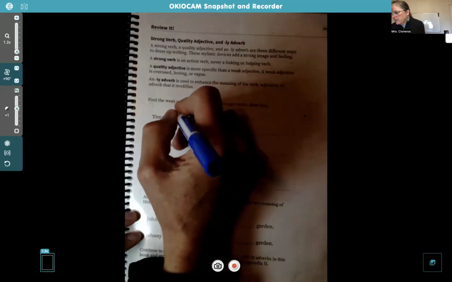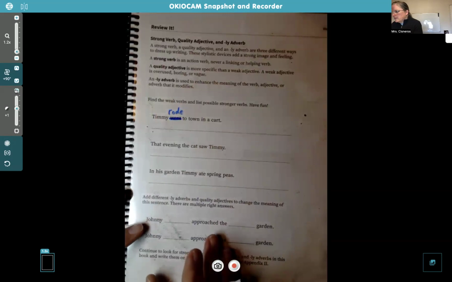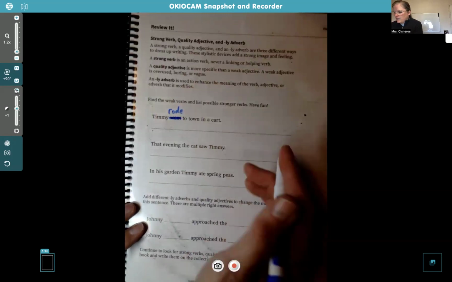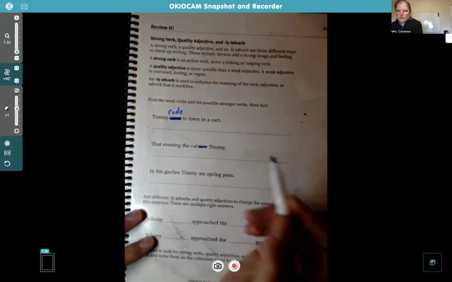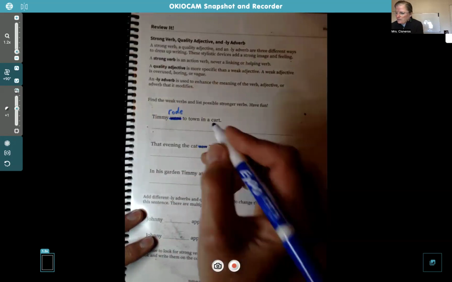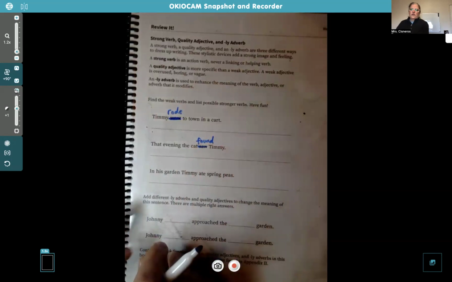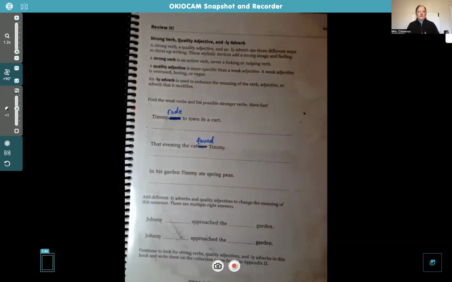So that's an example. And if you think of a different one, you can put whichever one you want to put there. The next one says that evening, the cat saw Timmy. We already know saw is a banned word. So we could use found or spotted or spied, something like that. I'm going to put found here, but whichever one you like the best, you can write.